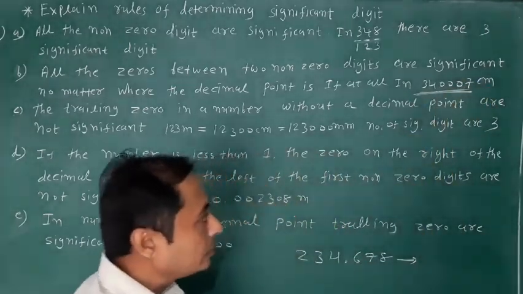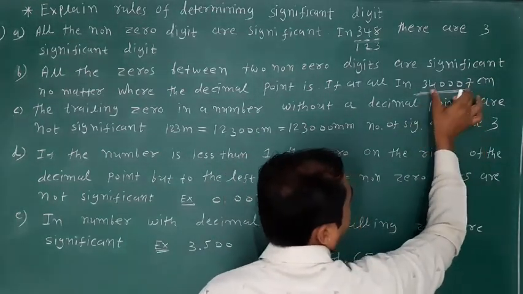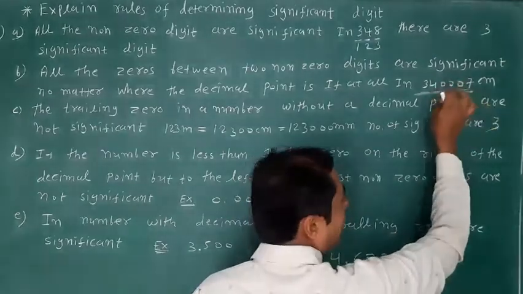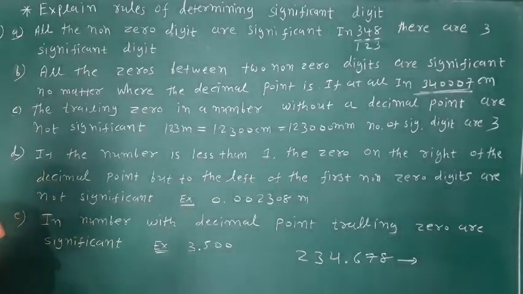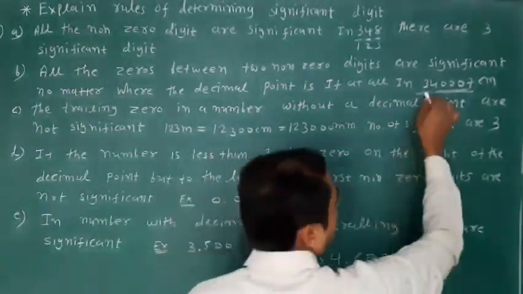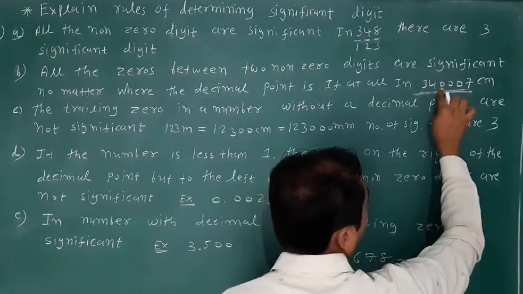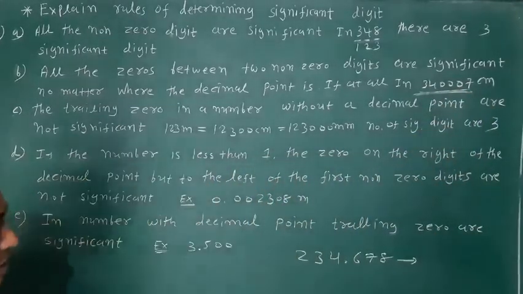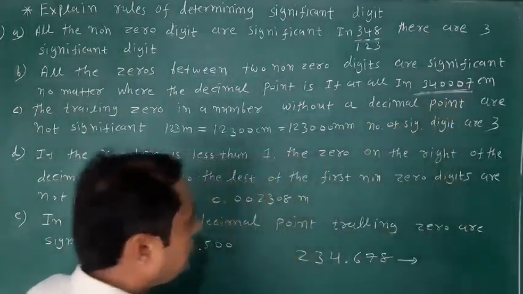Here 4 and 7 are both non-zero significant numbers, and between them zeros are available. So the zeros are also significant. So here, how many significant numbers are available? 1, 2, 3, 4, 5 and 6. Means 6 significant digits are here.